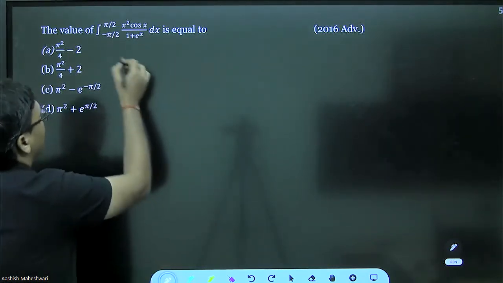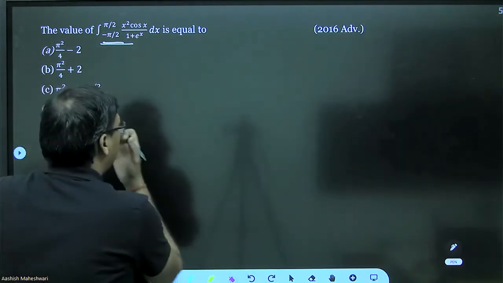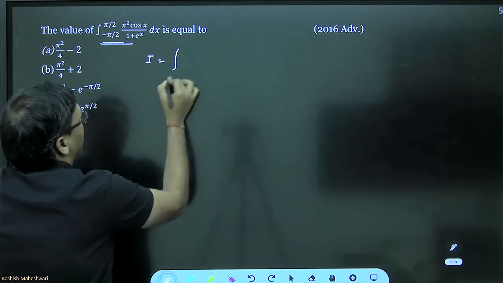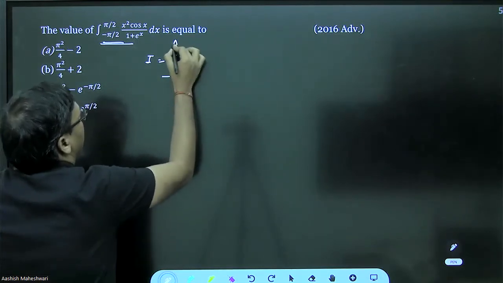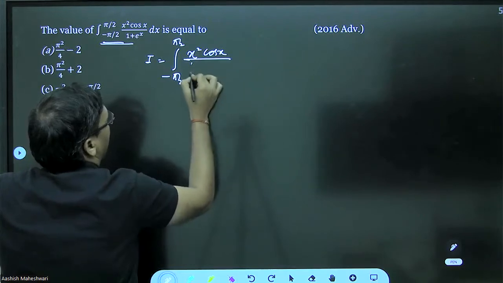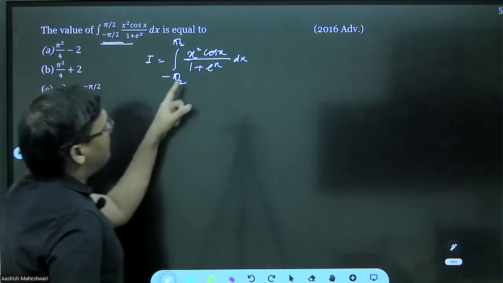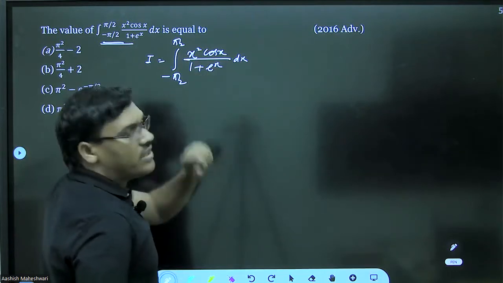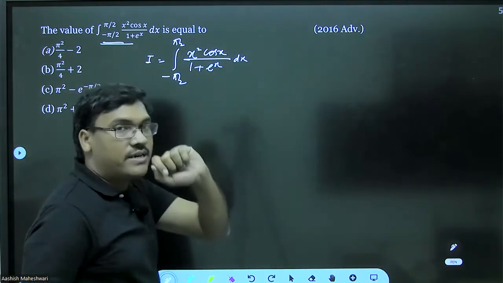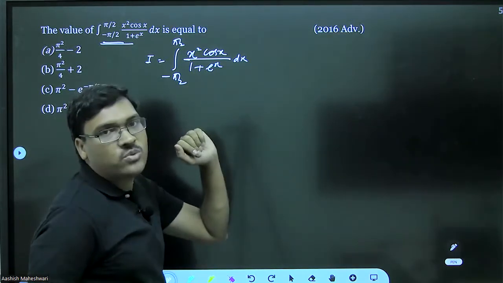Now this is one very important question because here we will use properties of integration. If the question were just x squared cos x, you can easily integrate this. But this 1 plus e raised to x is creating a lot of problems. So the thought process is, how will you remove this 1 plus e raised to x?